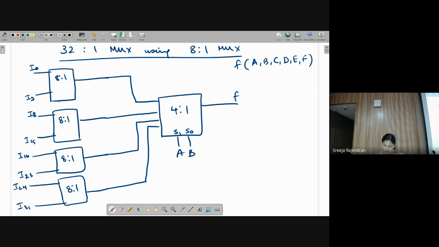And 8 is to 1 muxes will have how many? 3 select lines, right? S2, S1, S0. That will be C, D, E. C, D, E will be the select lines for these. So the inputs I0 to I31 will be a function of what is remaining. Which variable is remaining? F. Okay, so it will be a function of F.